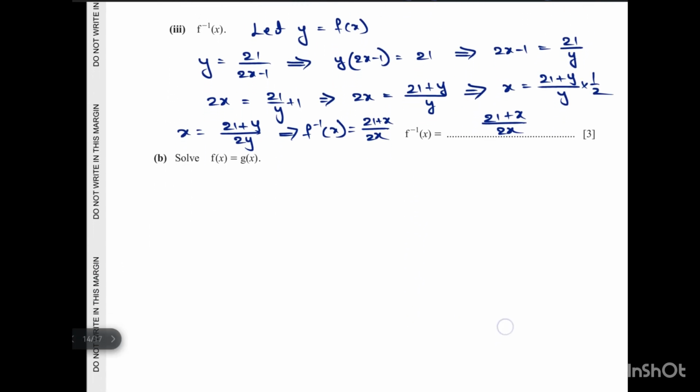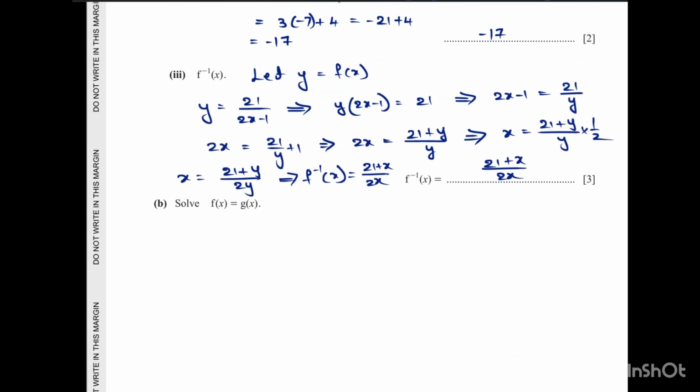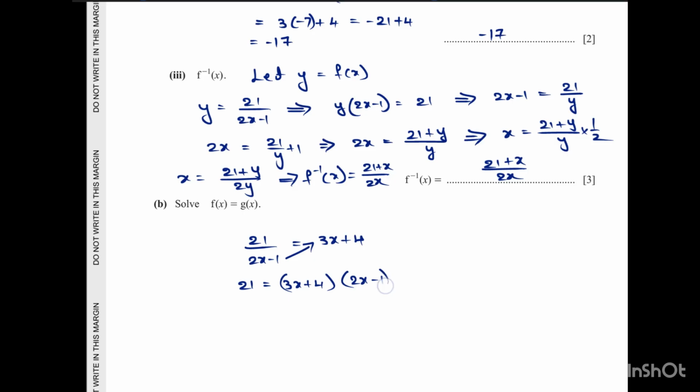Solve f of x is equal to g of x. So f of x is given as 21 by 2x minus 1. g of x is given as 3x plus 4. Cross multiply. 21 is equal to 3x plus 4 into 2x minus 1.